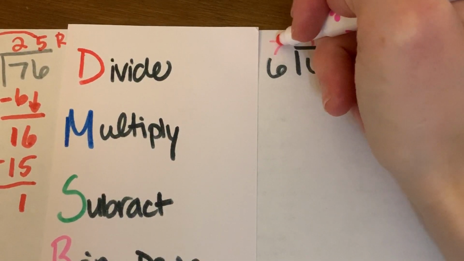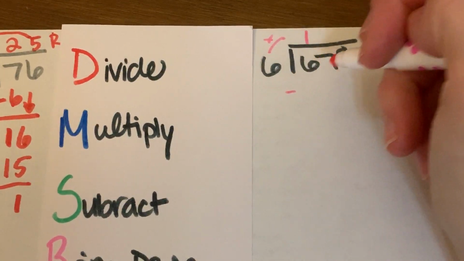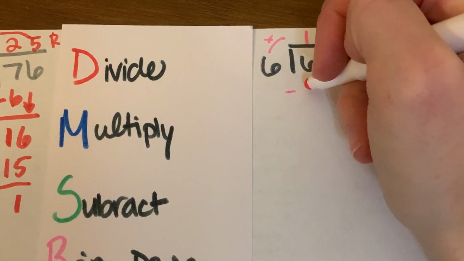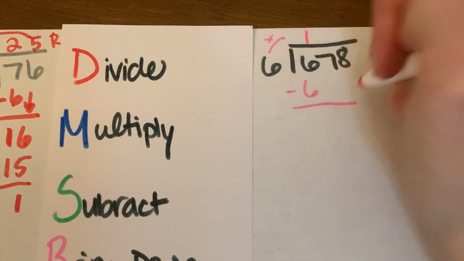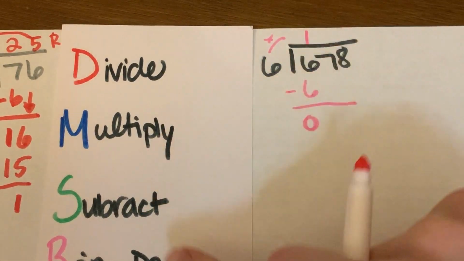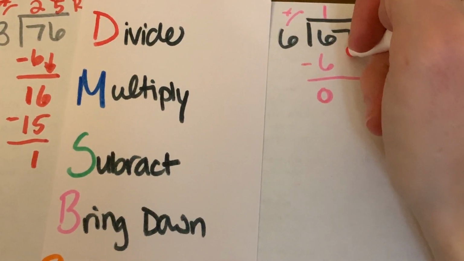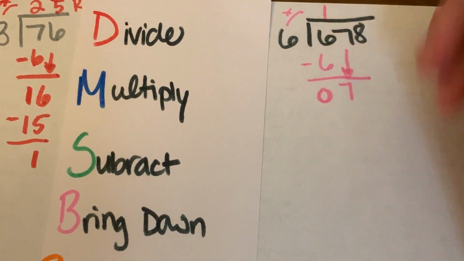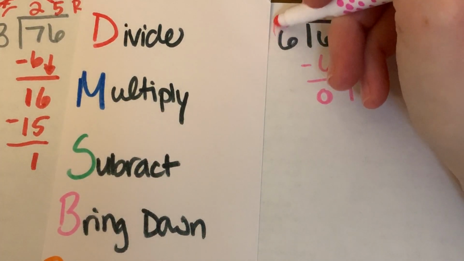Okay, so 6 times 1 is 6. 6 take away 6 is 0. Now I'm going to bring down. I have a 7, and I'm going to repeat the process.